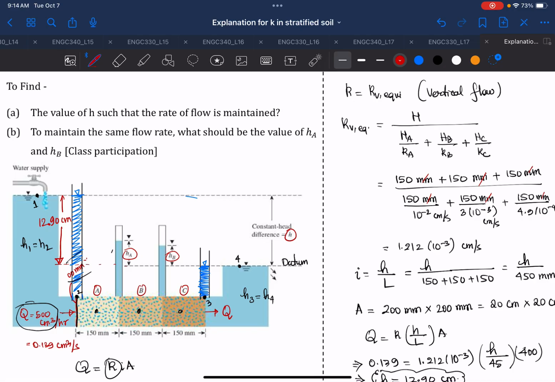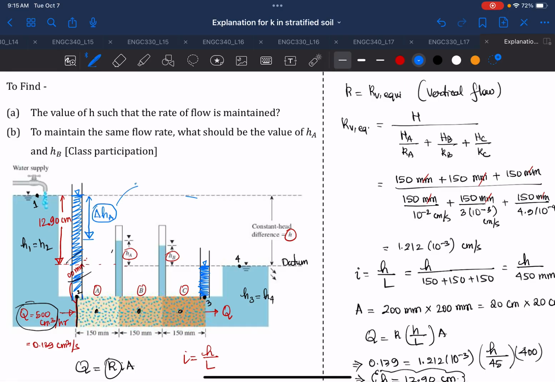Now if we have to use Q equal to KIA, remember that I is your head difference divided by length. So the head loss or head difference in this particular problem will be delta HA, which is your head loss. In order for the water to flow through soil A, there will be a head loss of delta HA.